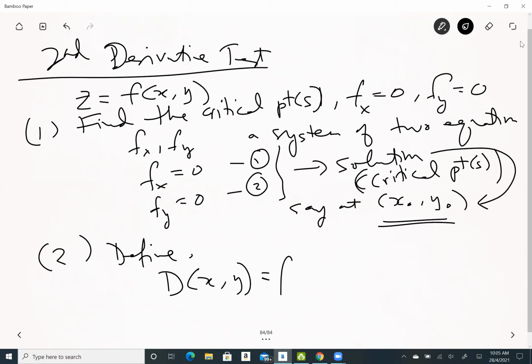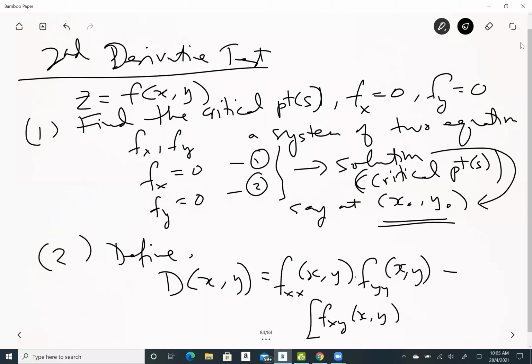That will be equal to fxx, a function of x and y, multiplied by fyy, also a function of x and y, and then you subtract fxy, also a function of x and y, squared.